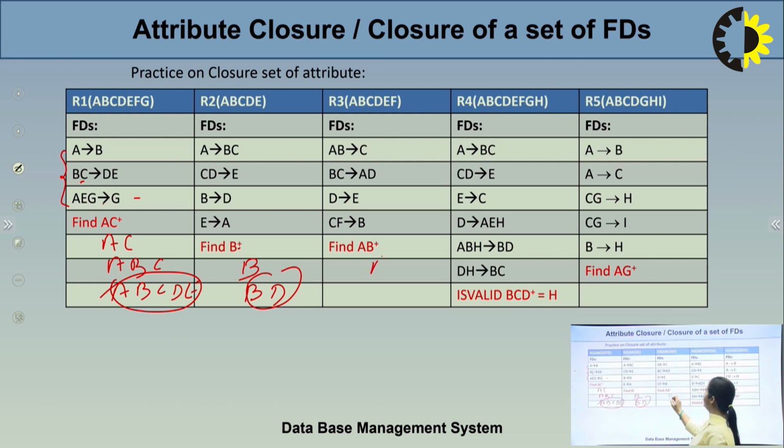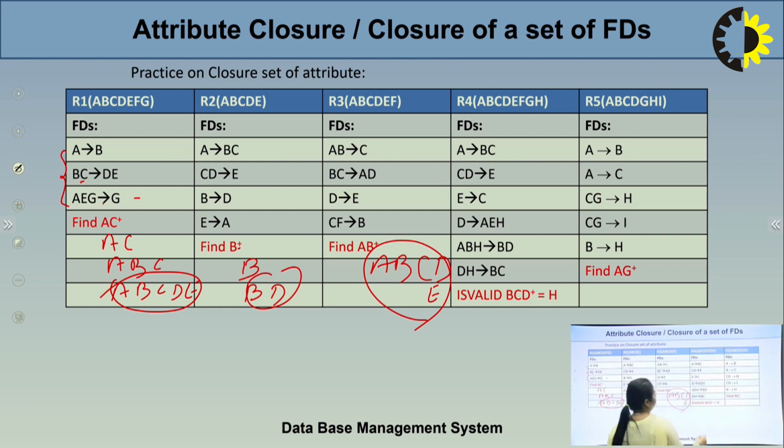With the help of A and B, I can find the value of AB, and with the help of AB, I can find the value of C, and with the help of BC, I can find the value of A and D. With the help of D, I can find the value of E. So this is the closure set of AB plus.